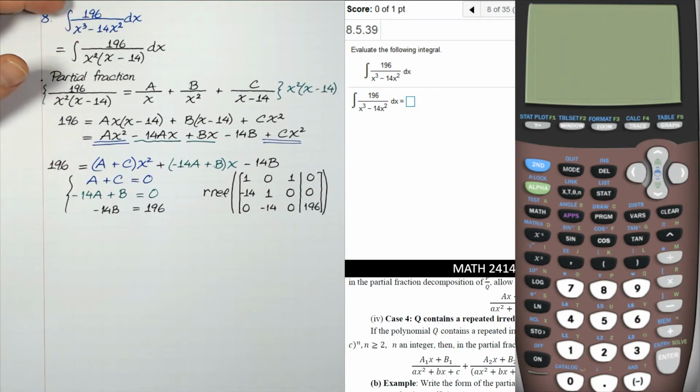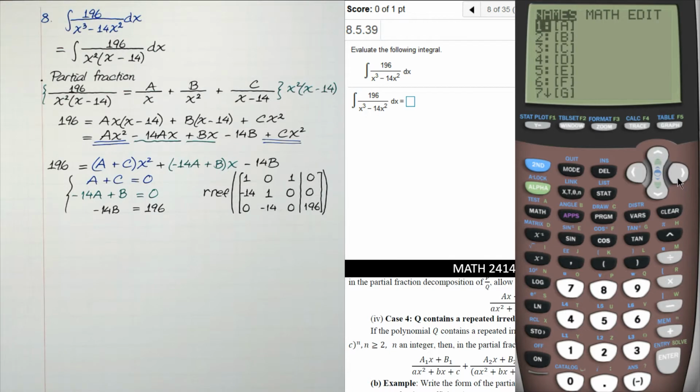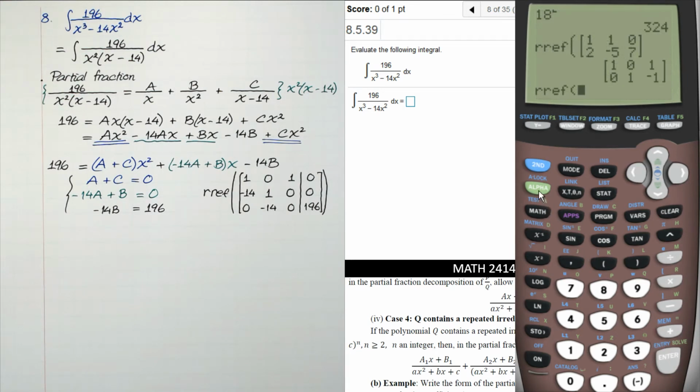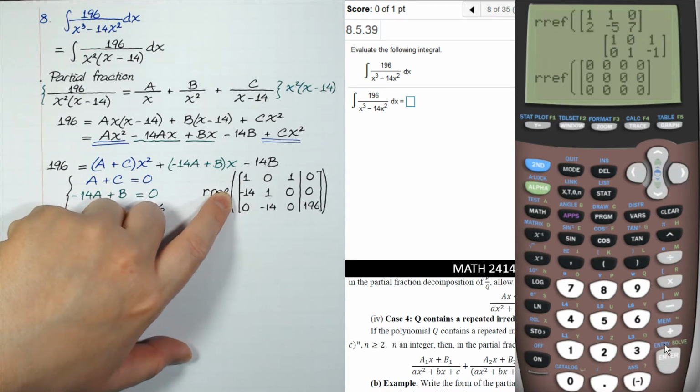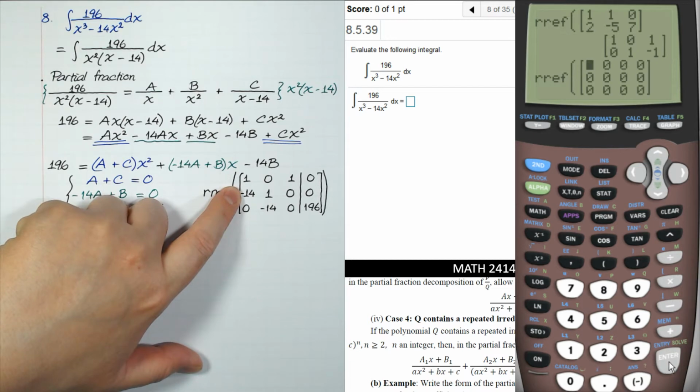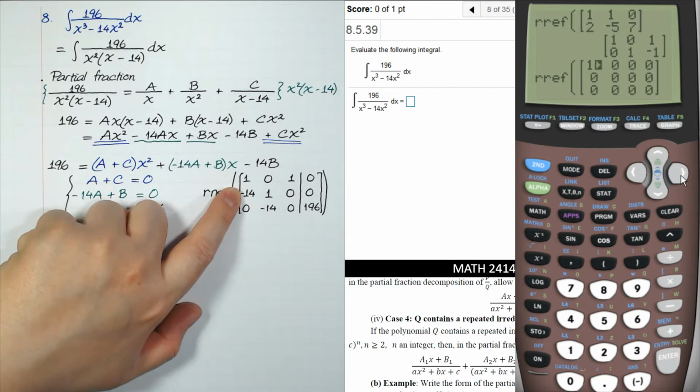Second matrix, reduce row echelon form, alpha zoom to get the matrix. This one has 3 rows and 4 columns. When we enter the numbers, do not hit the enter key until we're done, just use the arrows to navigate.